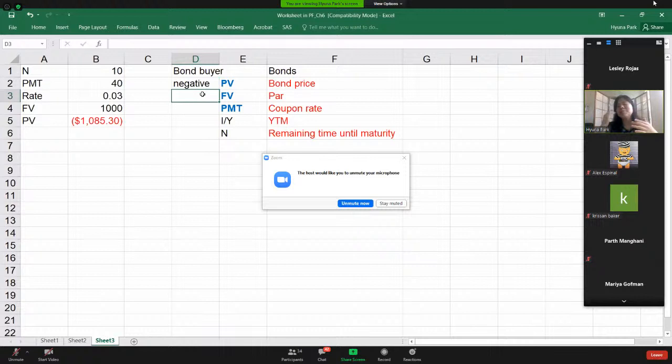And then, after paying this bond price now, a negative cash flow, what do you get? If you are the person who paid the bond price and purchased the bond, you will receive coupon payments and you will receive par. So that's positive.